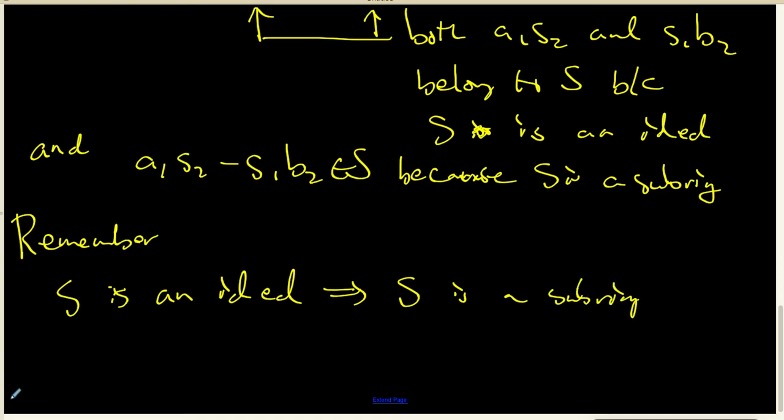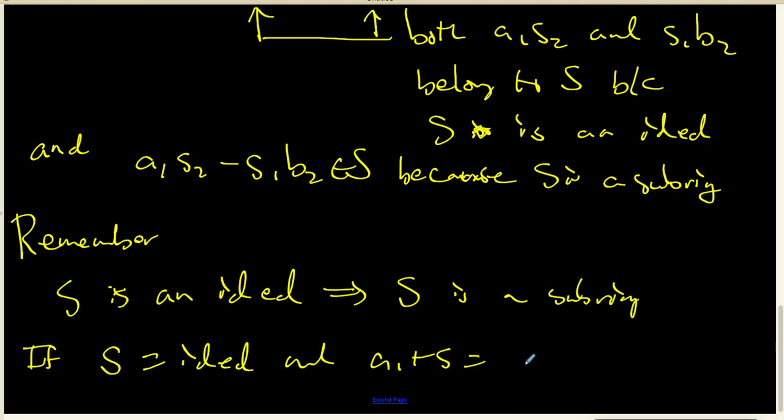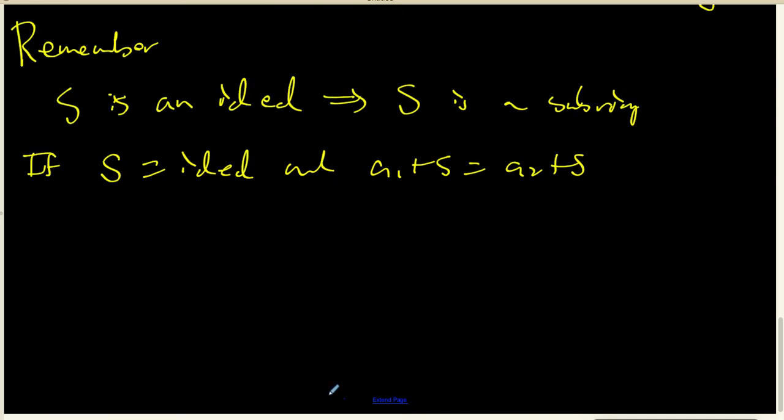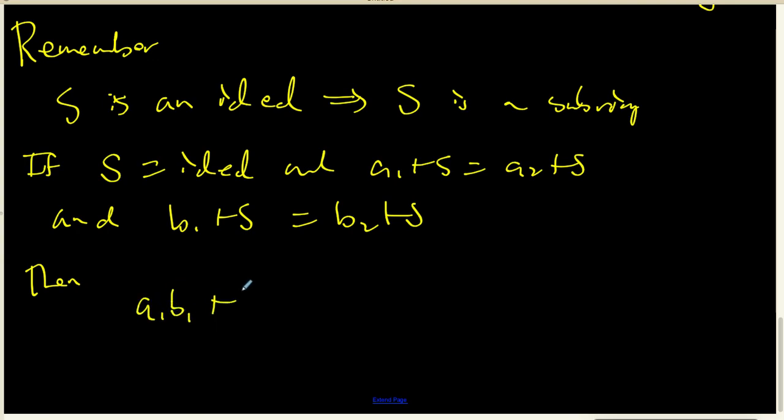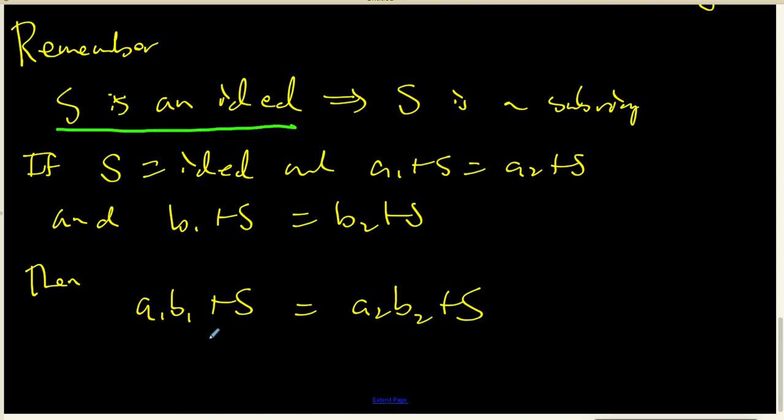And so what we have shown is that if S is an ideal and A1 plus S is equal to A2 plus S, and B1 plus S is equal to B2 plus S, then A1 B1 plus S is equal to A2 B2 plus S. And what that means is that as long as S is an ideal, our coset multiplication is going to work.